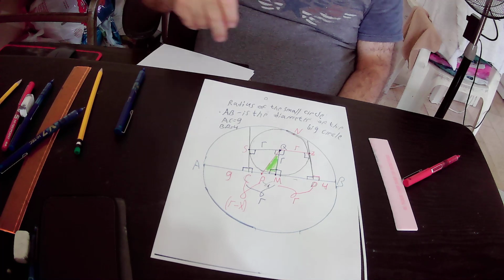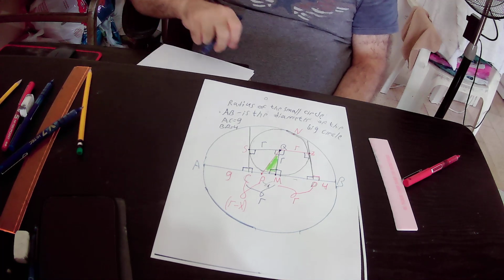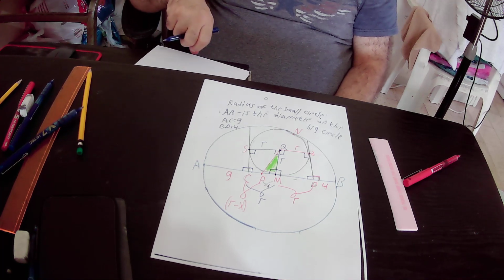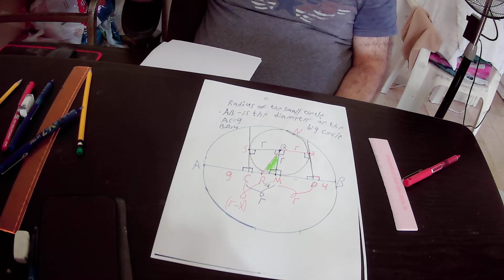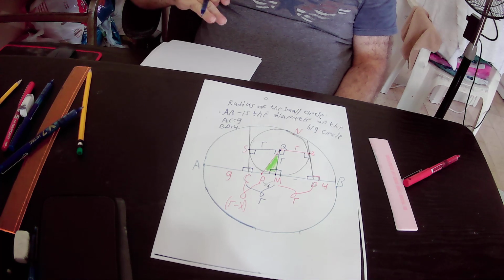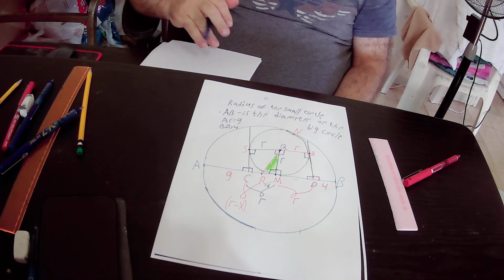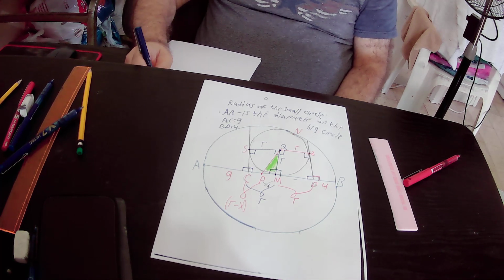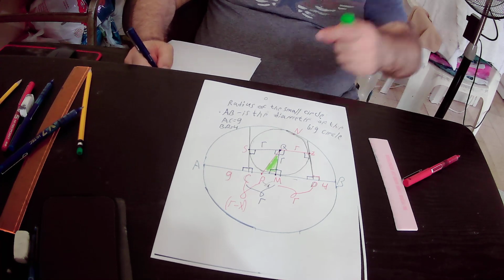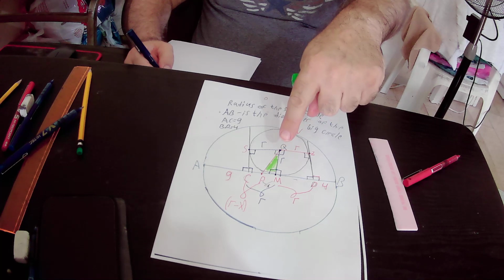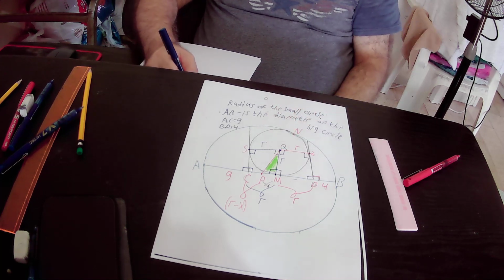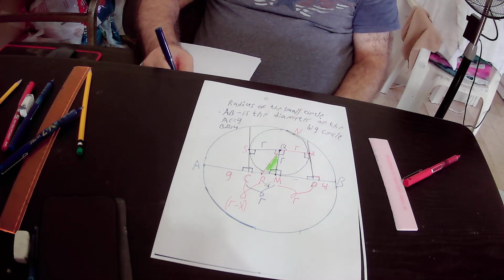So we can find the radius of the small circle, that is to say small r, according to the Pythagorean theorem. We will implement the Pythagorean theorem on the right green triangle PQM.